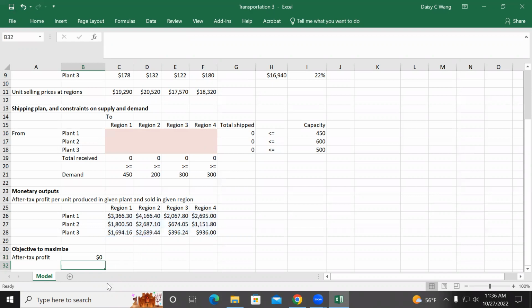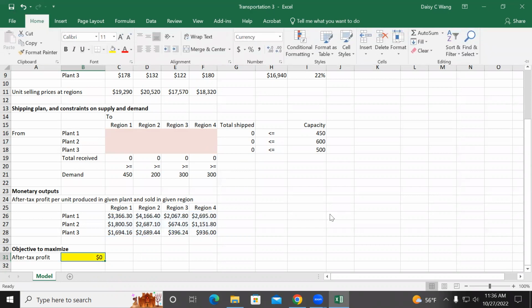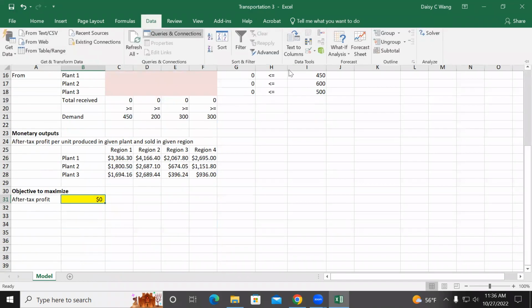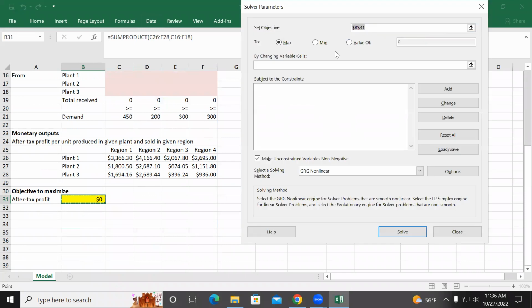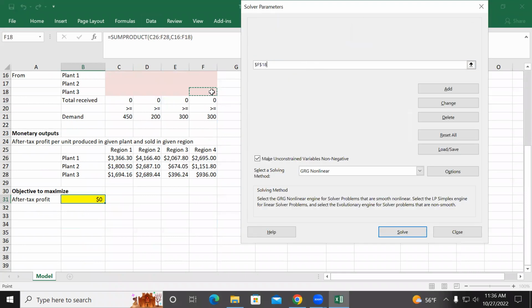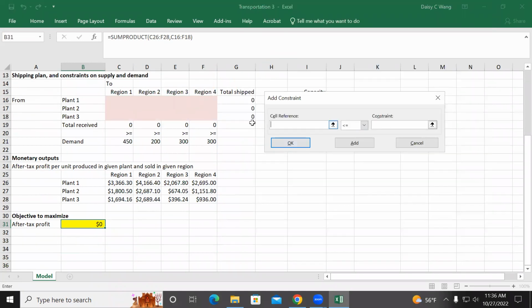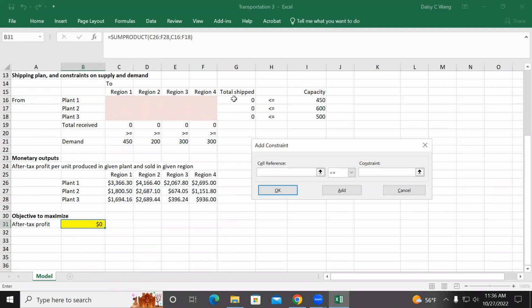Don't forget to put yellow color. Okay, so let me do greater equal first. We want to maximize this by changing the pink area. And then the constraint will be just this, less equal than the capacity.